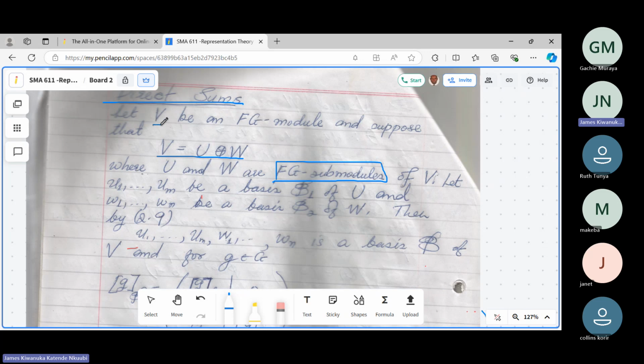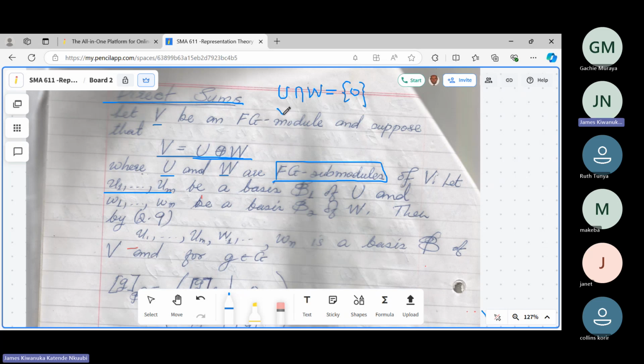So if you have an FG module V, and suppose it's possible to write V as a direct sum of two FG submodules, U and W. Direct sum simply means that the intersection of U and W is just the zero vector.